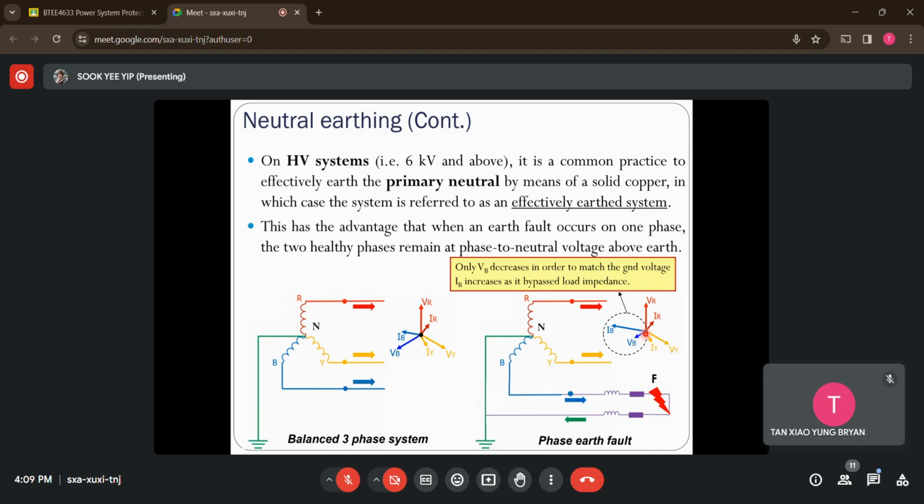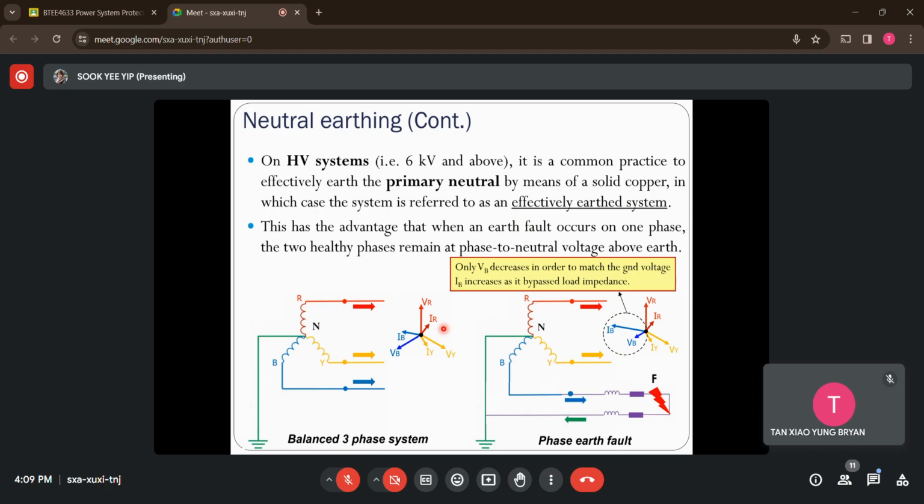How about the current value? For the healthy phases, you can see that current is still able to flow through and feed the loads, so the current value doesn't change, same as the healthy situation. How about the B phase here? Due to the short circuit path, instead of feeding the load, it flows through the short circuit path. So you will notice that the current value will increase, higher than the normal situation.